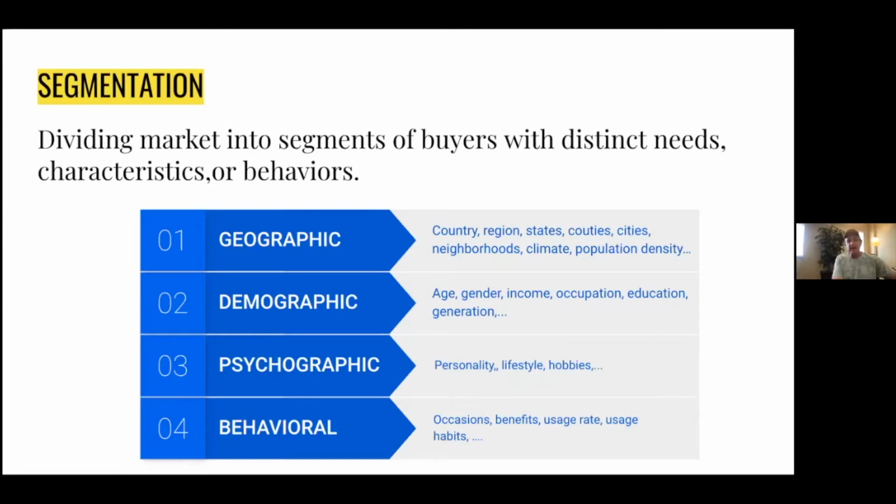Now, ones that were not really answered in our poll highly, maybe because they're a little bit less obvious, but extremely important, extremely useful are the next two. So psychographic is based on things like personality, introverts, extroverts, believe it or not, lifestyle, people that are into fitness, people that are into online video games, people that are into certain hobbies.